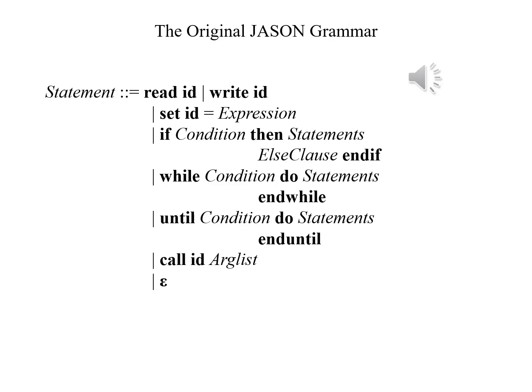Here all you'll see is a single production from the original grammar. There are 8 different alternate right-hand sentential forms. You'll notice here the statement can derive read ID, write ID, set ID equals expression, if condition then statements, else clause and if, while condition do statements end while, until condition do statements end until, call ID arg list, and the empty string.